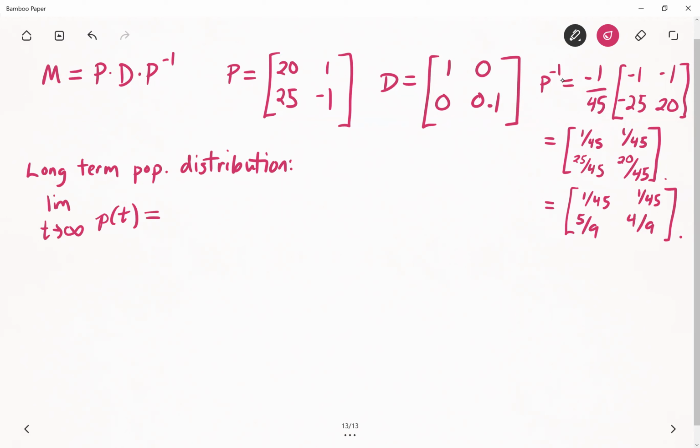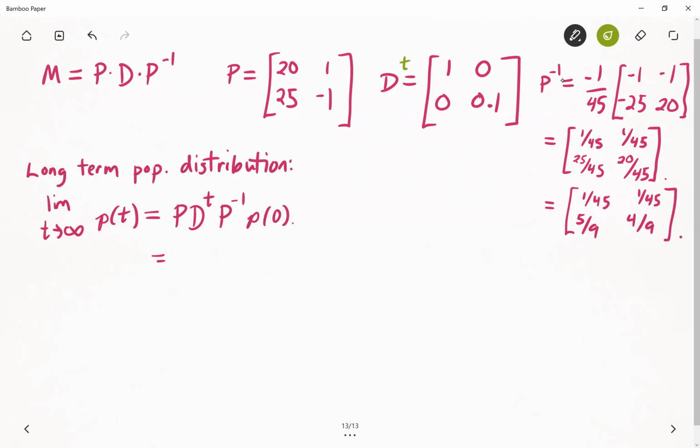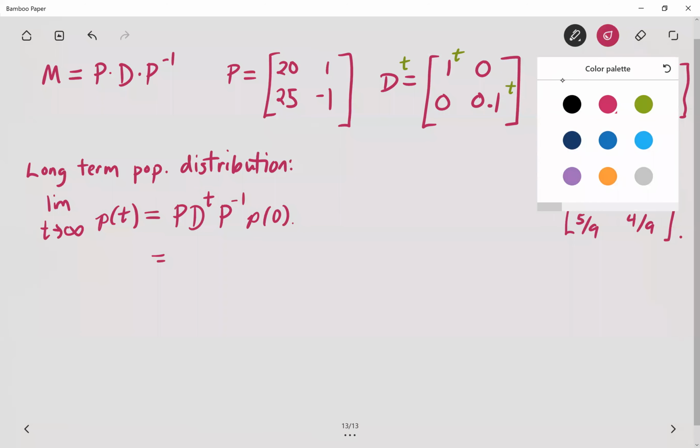That's going to be equal to P times D to the tth power times P inverse times the original population at time 0. And if we were to calculate the tth power of the matrix D, remember to do that, we just have to calculate each one of those numbers to the tth power. Just like before, we're going to have 1 to the tth power equal to 1, and a small positive number raised to the tth power is 0.